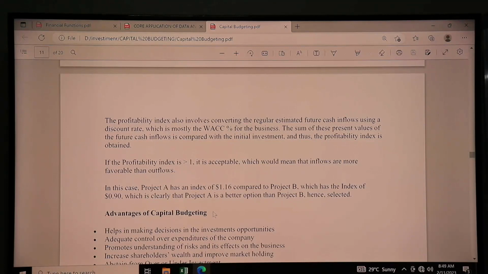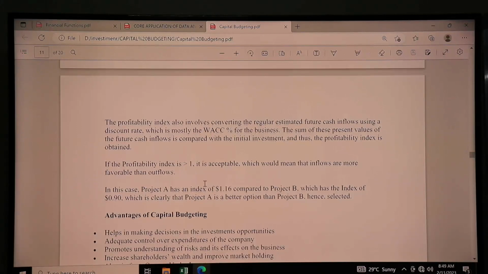If the profitability index is greater than 1, it is acceptable, which means the inflow is more favorable than the outflow. In this case, project A has an index of 1.6, compared to project B, which has an index of 0.90, so clearly project A is a better option than project B.